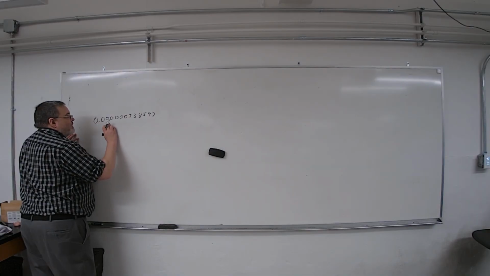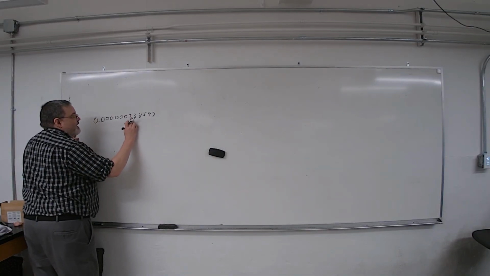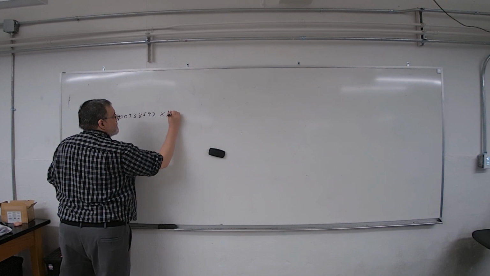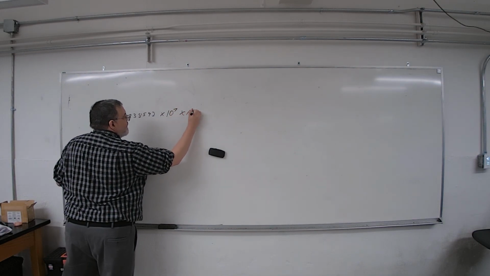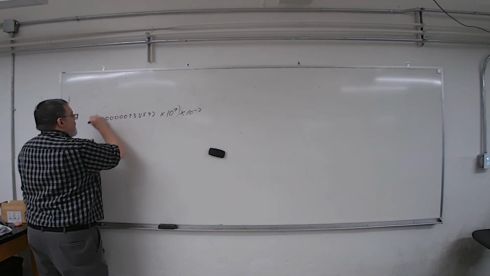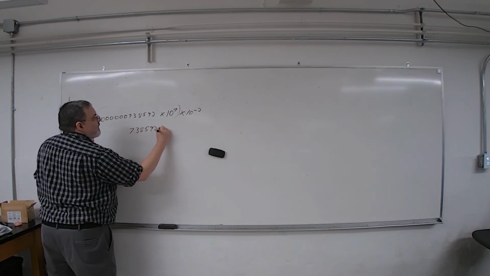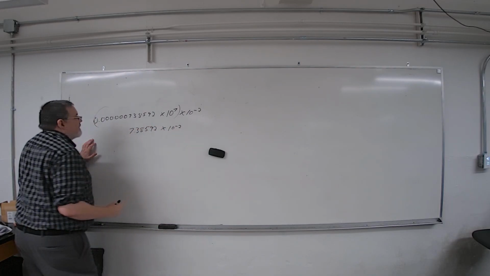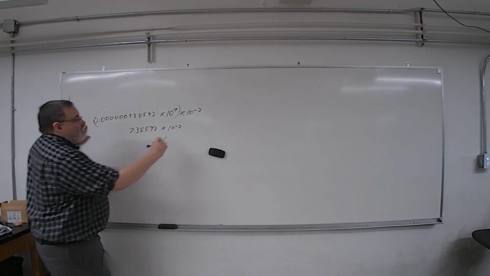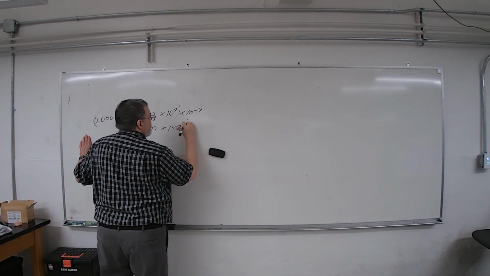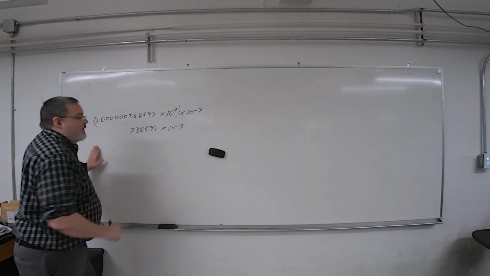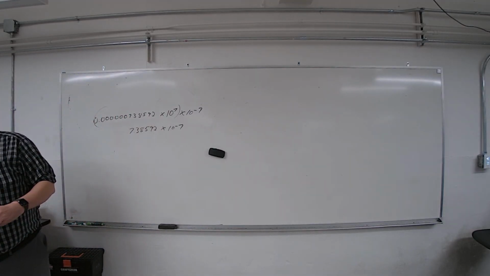The decimal needs to go 1, 2, 3, 4, 5, 6, 7 forward. So 10 to the 7 times 10 to the negative 7. This part gives me 7.38592, and then I have 10 to the negative 2 left. 7. Derp. 7. You guys okay with that?